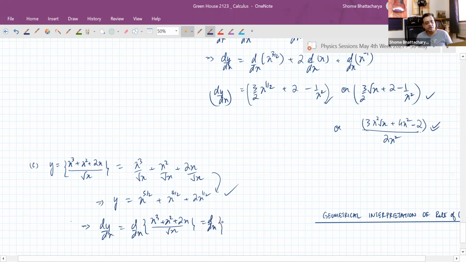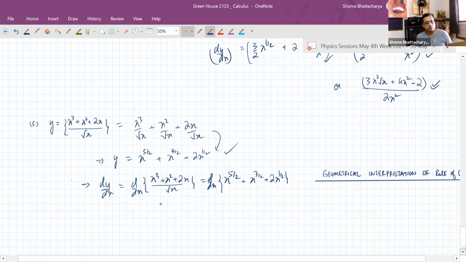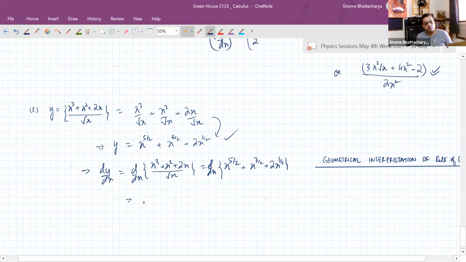And in the second step, when we take the differentiation operator inside and use the distributive property, it becomes quite simple. Then take the 2 also outside because it's a constant, and then just apply the power rule.